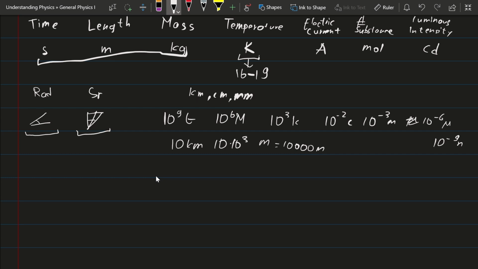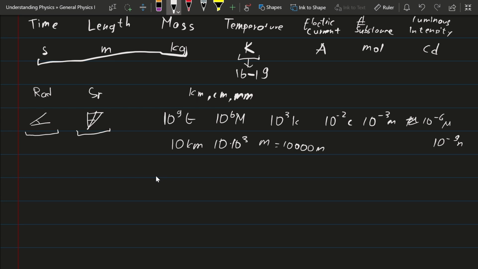But that means that we have certain issues, such as transforming between different units. And this is one of the greatest issues that I see most people struggle with. So I want to talk a little bit more on how you convert between units.